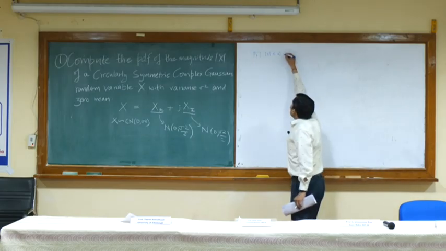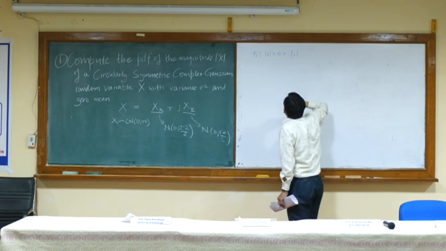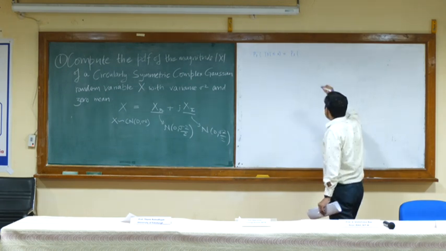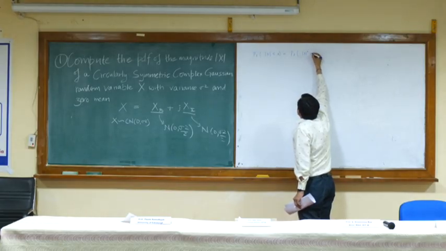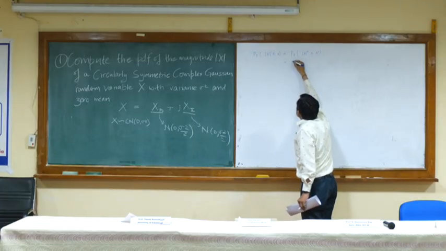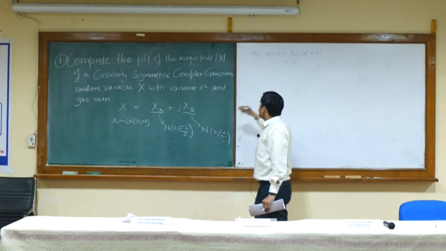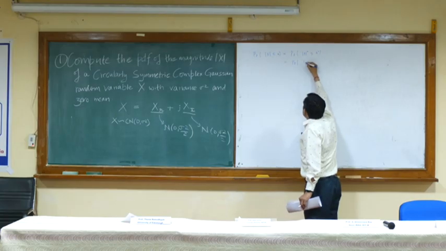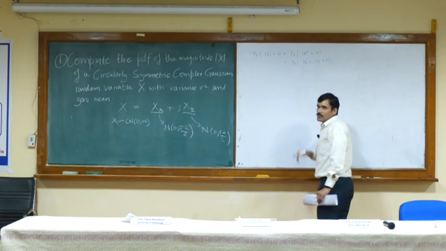Now this will be equal to what? I can write this as x square less than or equal to a square, which is, now I can substitute x, xr square plus xi square less than or equal to a square.